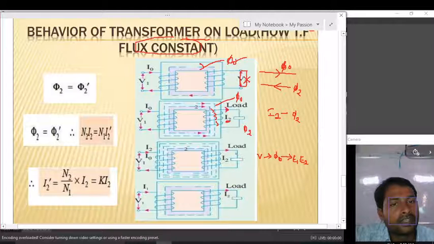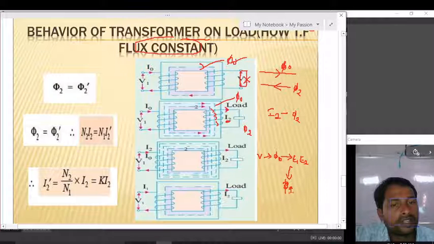If the load is connected, current passes through the secondary winding, and due to I2 the flux phi 2 is produced after another 90 degrees.